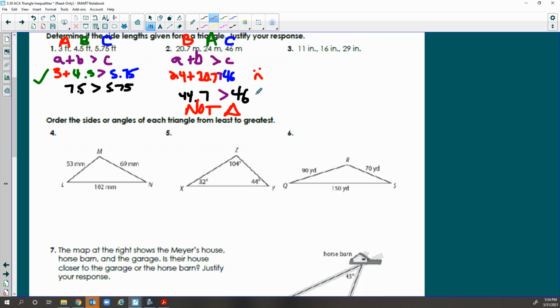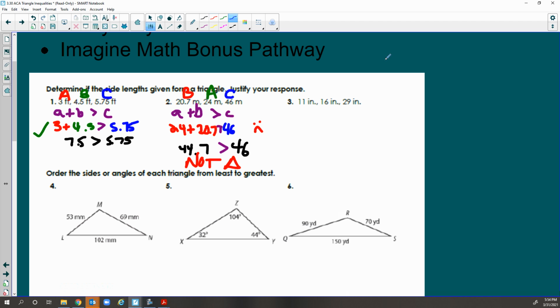I'll just draw the picture of a triangle. Guys, this is what would happen on this example. My C is 46, right? Then I said letter A is 24, so that's a little longer. And then B is 20.7. I'm going to get some wonky shape that looks like this. And that's not real. It's not a polygon. It's not closed. It has to have all the sides that touch at a vertex.